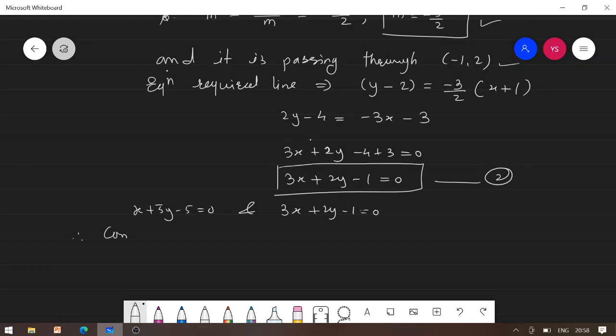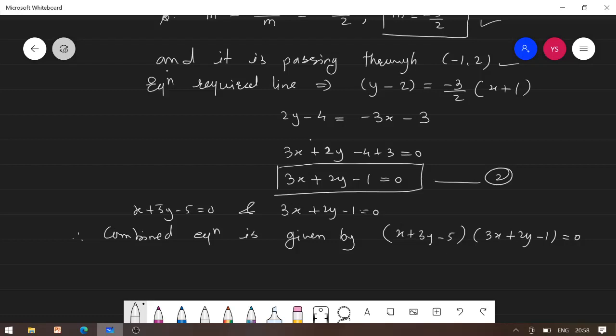Therefore, the combined equation is given by (x plus 3y minus 5) into (3x plus 2y minus 1) equals 0.